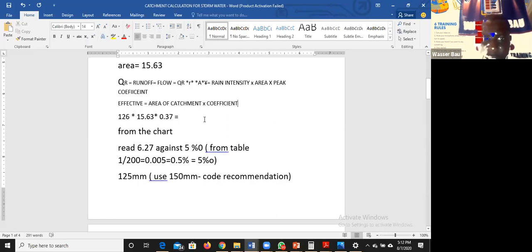So in this case, we have this times this. If you multiply the two of them, it will now give you 5.80 meter square.